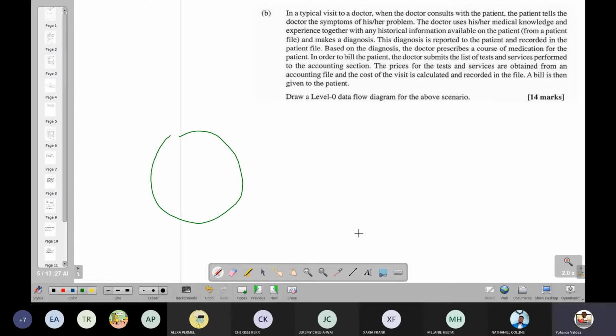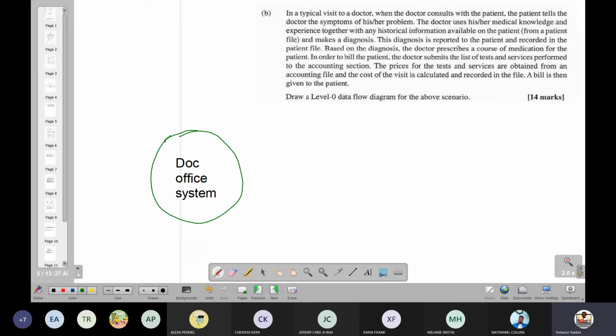Medical system or something, so doctor's office system, all right? We don't really have to show the context diagram, so we could just call it the doctor's office system. So this is our entire system. What data is coming in and out of the system, not just the processes that make up the system, but the entire system itself.